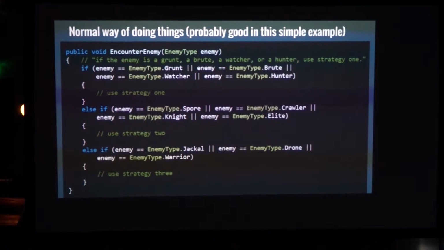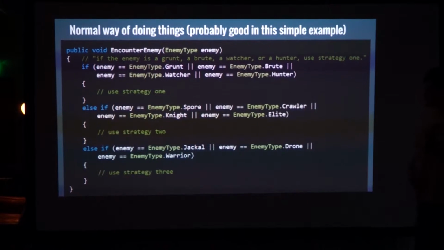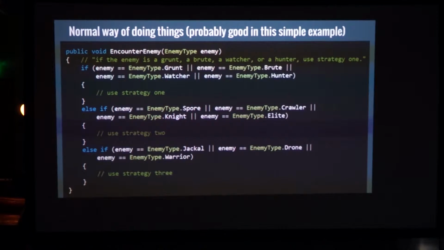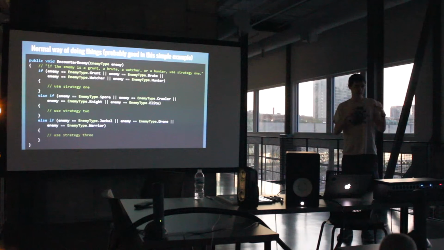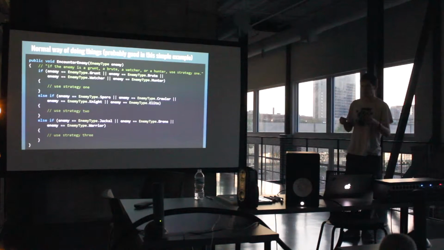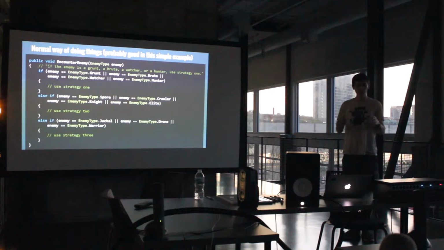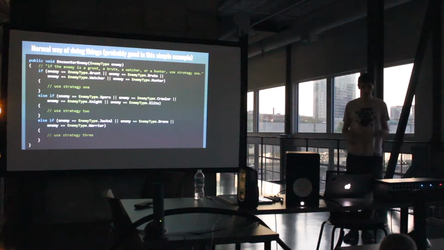Okay, we've got some other logic here. If the enemy is a spore, or a crawler, or a knight, or an elite, then do some other code. So the concept here is pretty straightforward. Just depending on the type of enemy you encounter, do some different code. This happens very frequently in games, obviously.